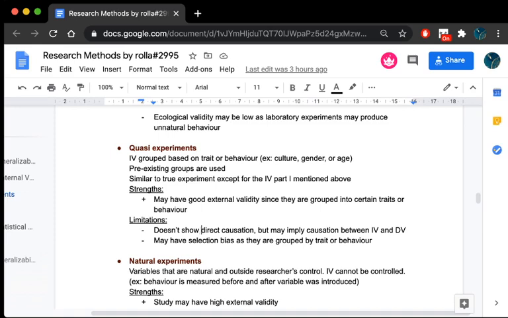But you can't just say, oh, because guys have this kind of brain and girls have this kind of brain, and they have these kind of brain differences, that means that they behave like this and they behave like that. No, you cannot do that.